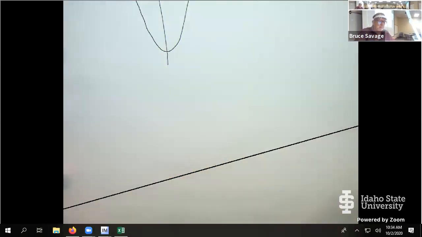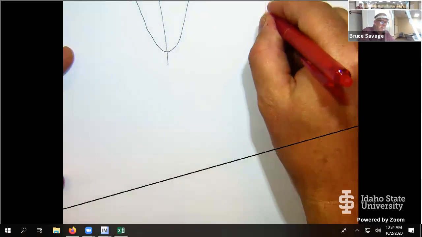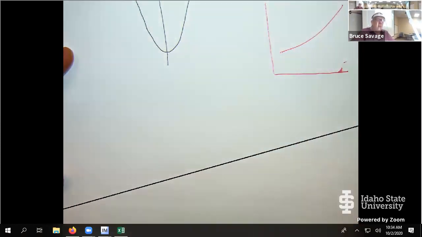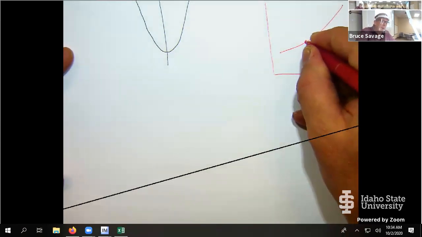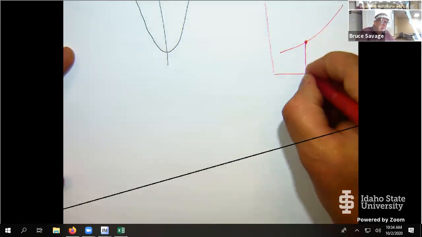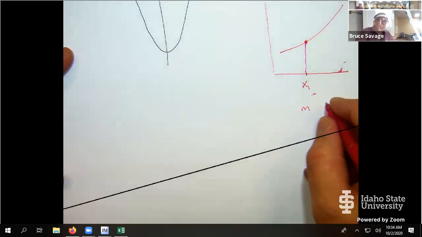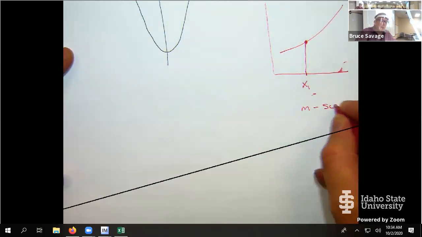And numerically, I'm coming in, well, let me take a step back. Let's say I'm going to draw another graph. Let's say that I had a curve, and I knew this point right here. This represents some x1, and I can find the slope, m.